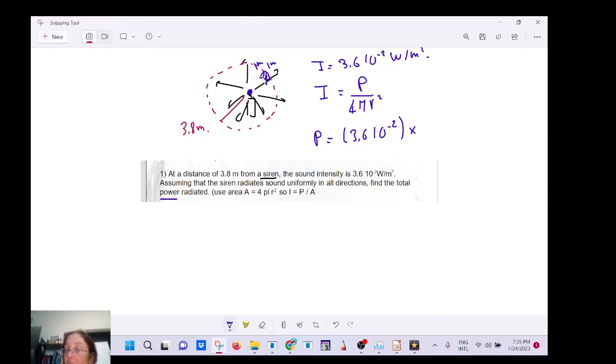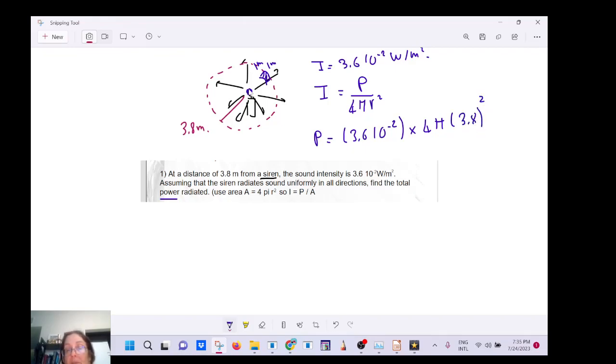If you have only that amount of energy flowing through this little area here, then of course the total amount of energy flowing through the whole sphere, you multiply by this area, which is 4 pi times 3.8 squared.